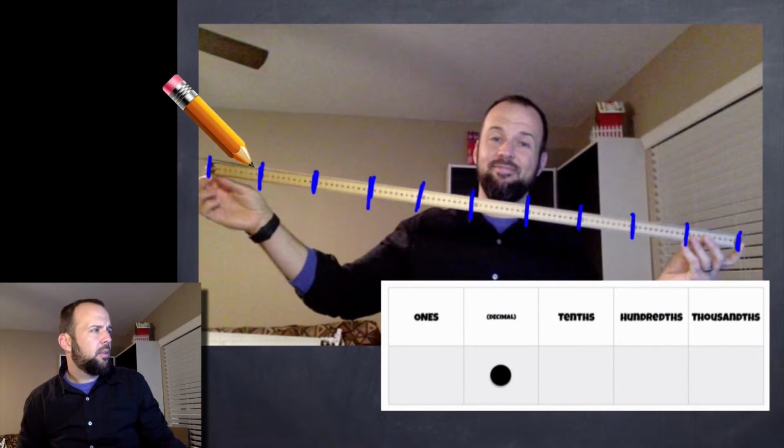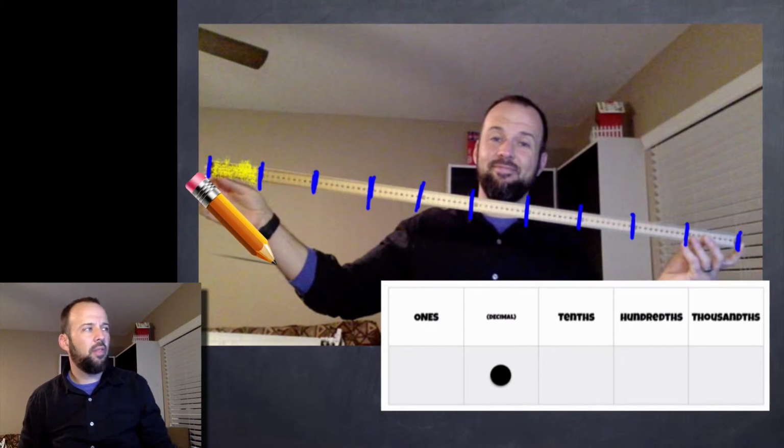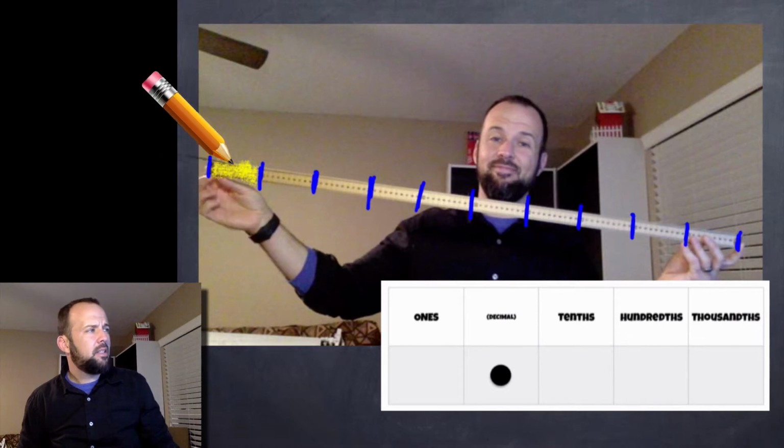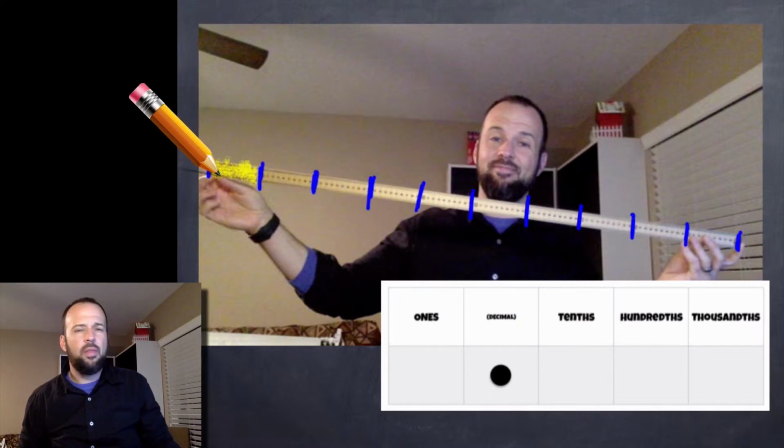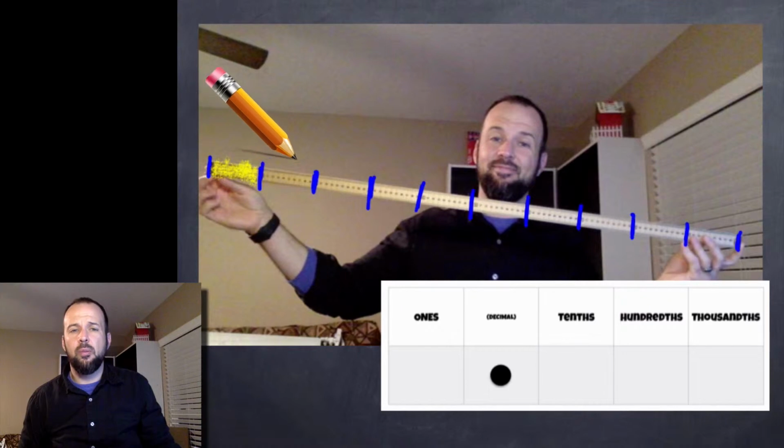So like this guy right here would be 1/10 of that meter, right? 1/10 of that meter. How many centimeters would be in that 1/10 of a meter? Okay, I kind of said it when I was counting before, but in this 1/10 of a meter, how many centimeters would there be?